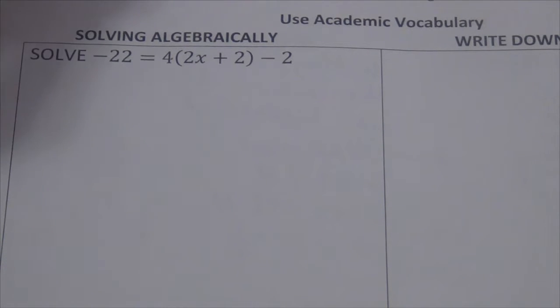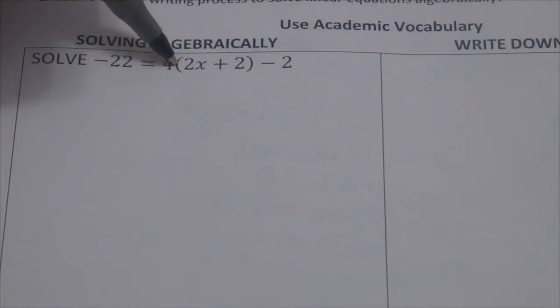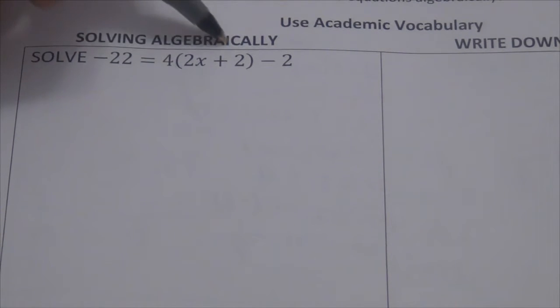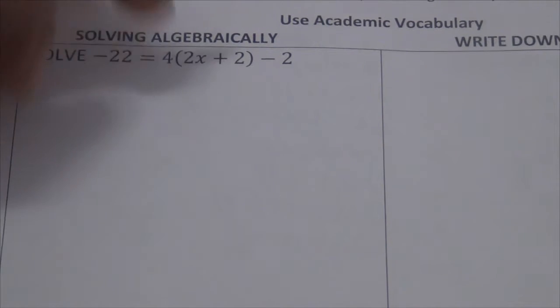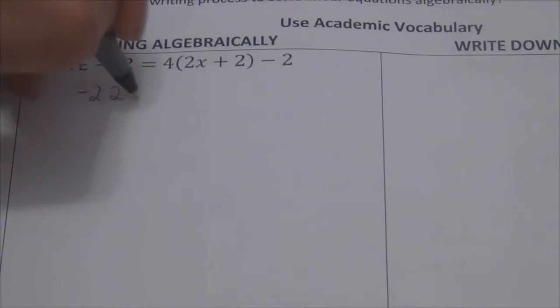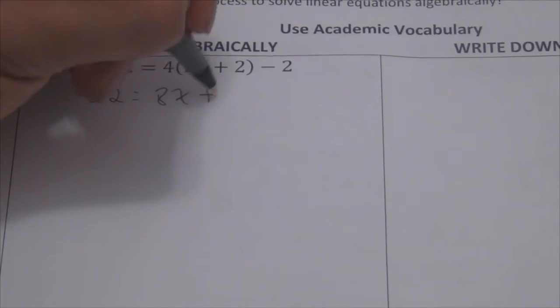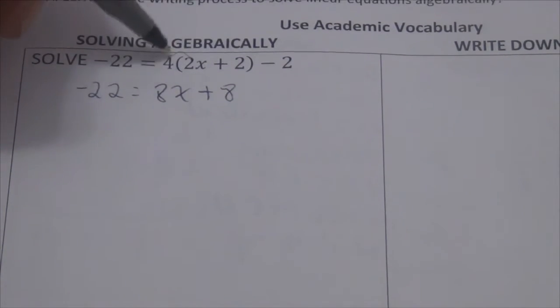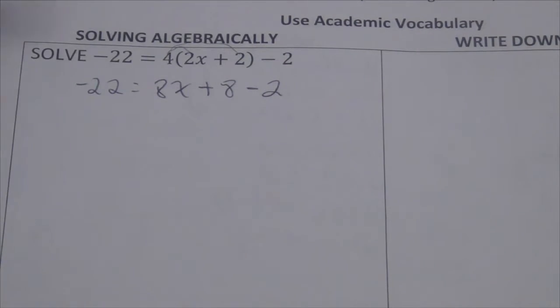loose leaf or whatever. All right, so distributive property, yes, I see a number followed by parentheses. Therefore, I have to multiply. You see, there is no plus or minus here, so that means multiplication. This -2 has nothing to do with the distributive property.